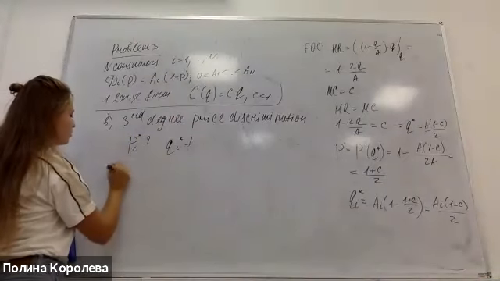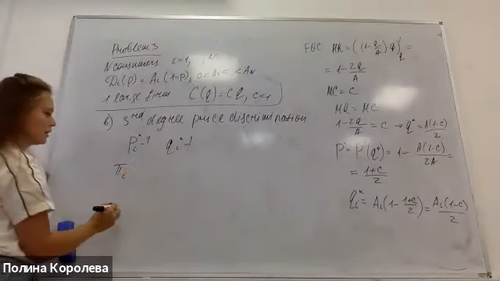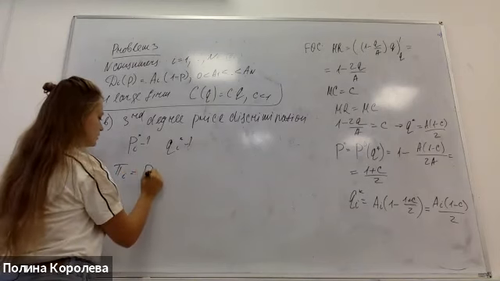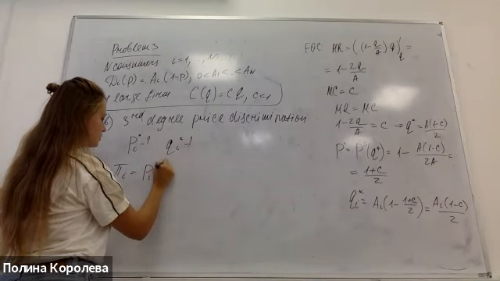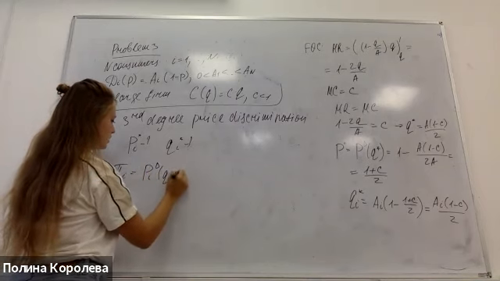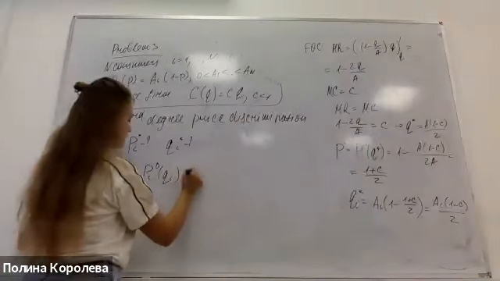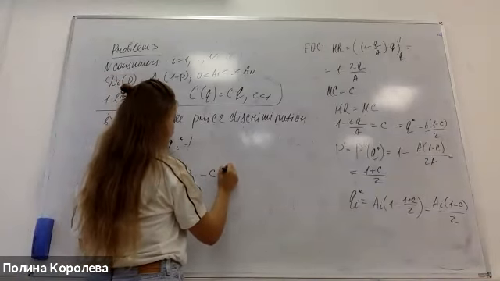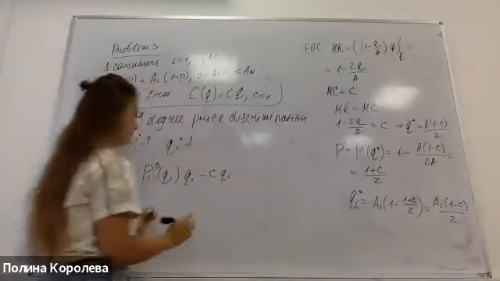Let's write down. Profit from individual i of our firm is its individual inverse demand function out of Qi multiplied by Qi minus cost C multiplied by Qi.